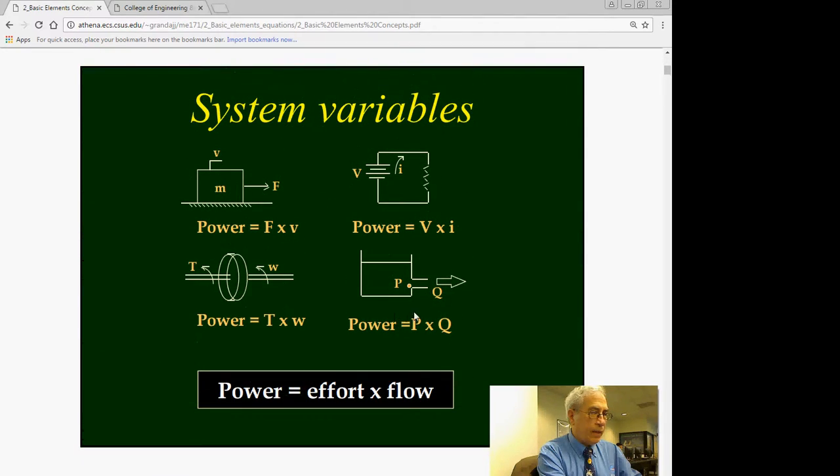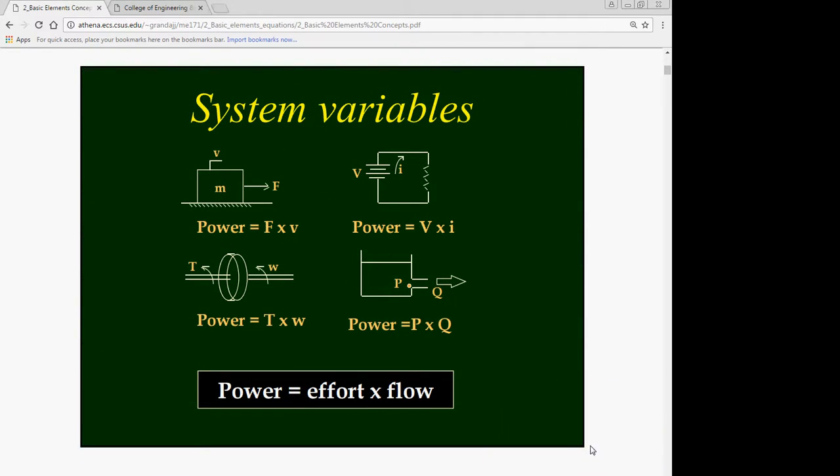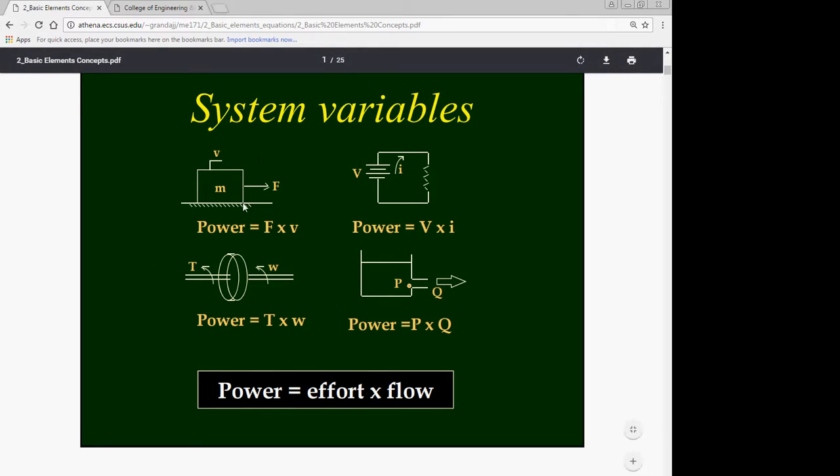examples in different energy domains, and you'll see that in here you have a mass that moves. In this other case, we have an electrical system with a voltage input and a resistor, just to make it simple, and current circulates through it.